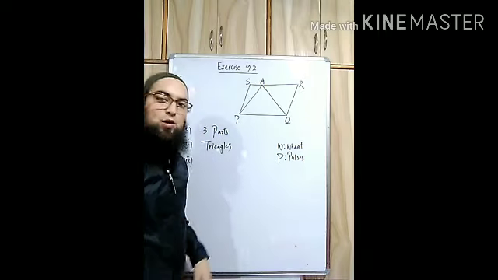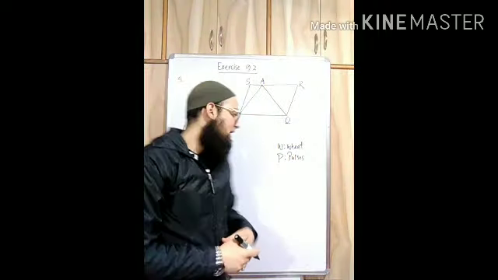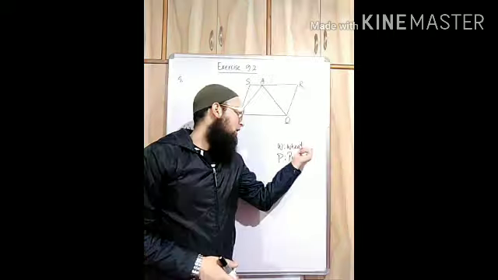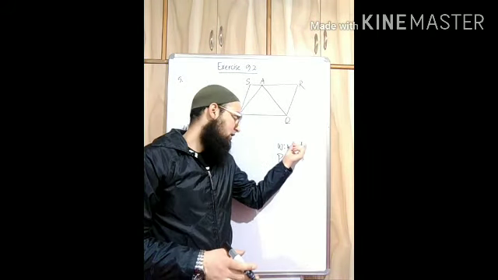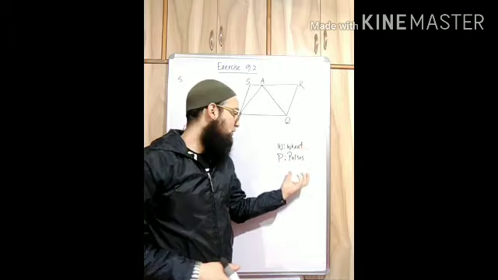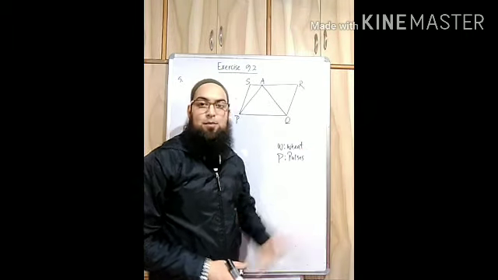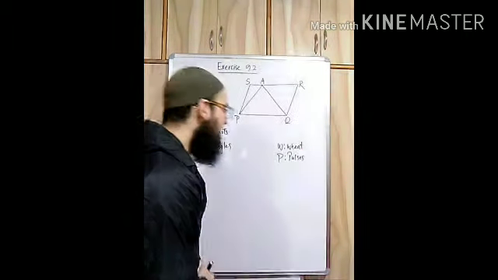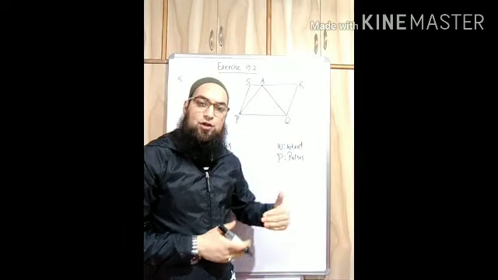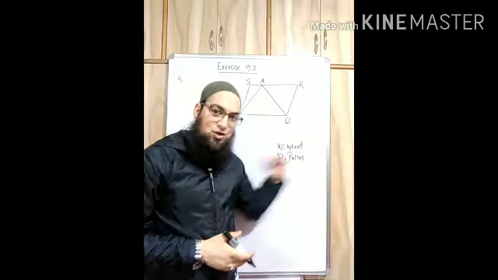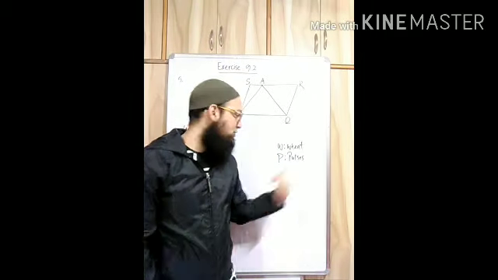That means the amount of land for wheat must be equal to the amount of land for pulses. Now the area of land in which wheat is sown must be equal to the area of land in which pulses are sown.